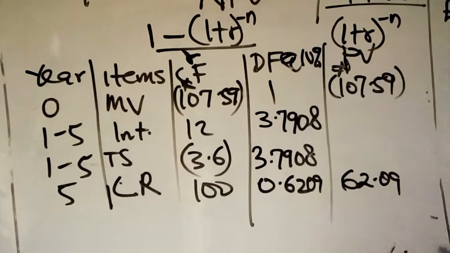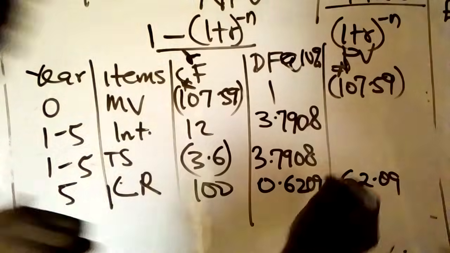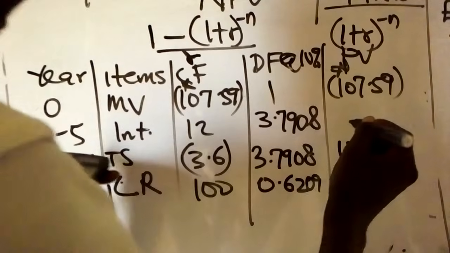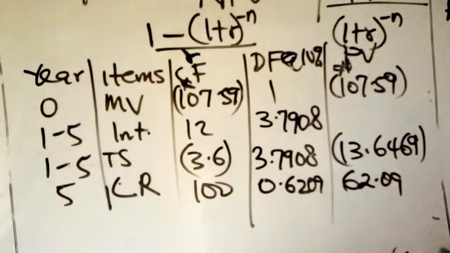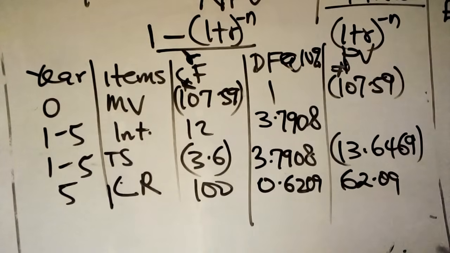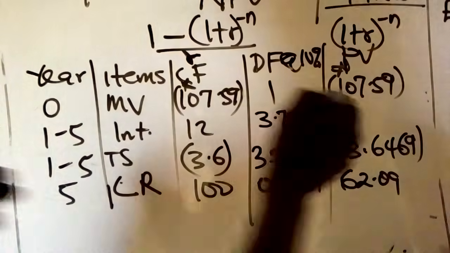Then 3.6 times 3.7908, then we have 13.6469 negative. Then 12 times 3.7908, then we have 45.4896.